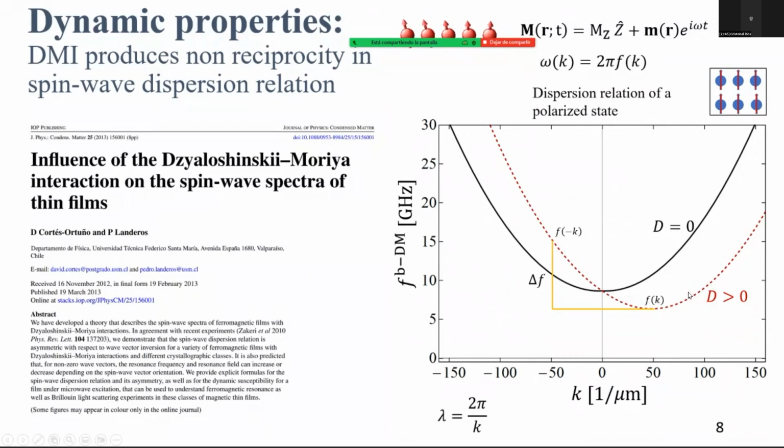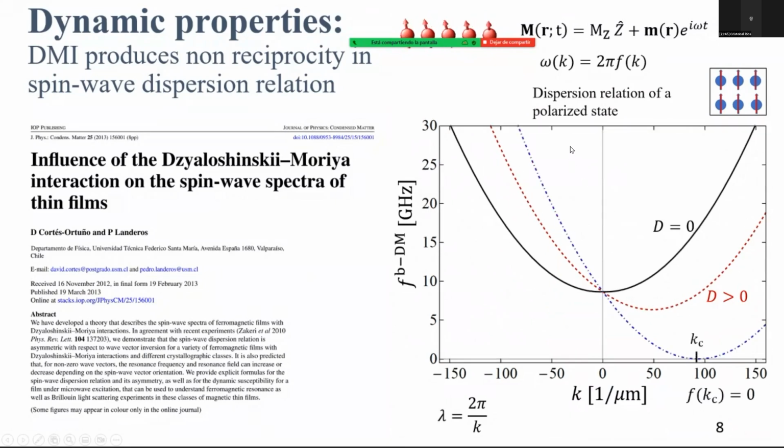But when we put DMI in the system, we can see a non-reciprocity in the curve. And the interesting thing is that if we increase the DMI a bit more, there is a point where the frequency touches 0 at a critical wave vector, and this mode is called low frequency modes.